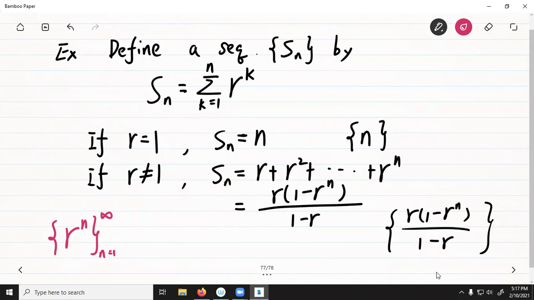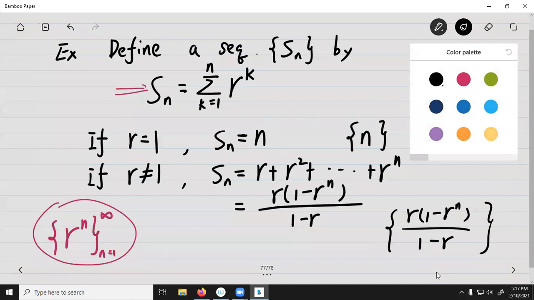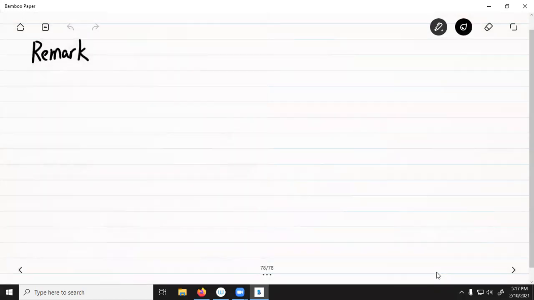So S1 is the first term. S2 is the sum of the first two terms. S3 is the sum of the first three terms. So this S n is from this sequence, forming a new sequence. We can use this way to form a new sequence.